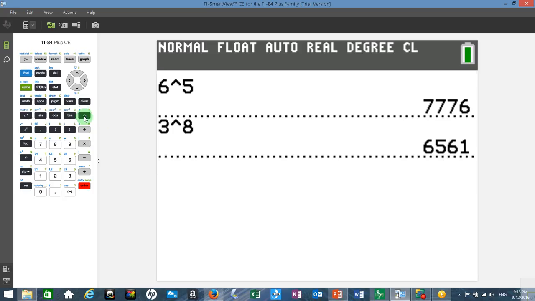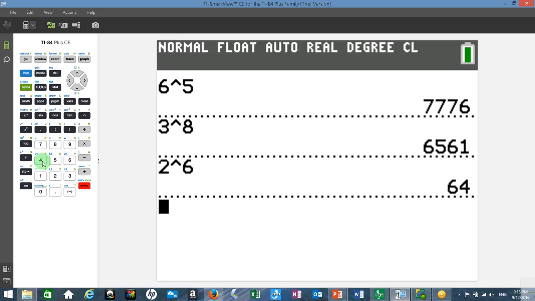There's the key. Like I said in a video before, I do not use the x squared key because that's limited. I use the key here because I want to raise 2 to the 6th power. I think it'd be 64, wouldn't it? Yeah.